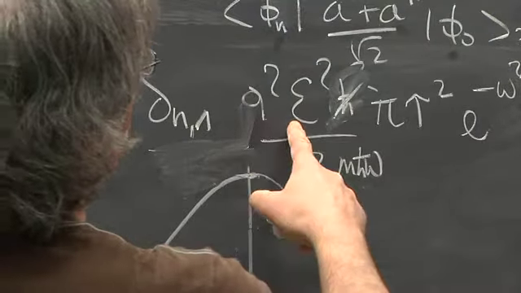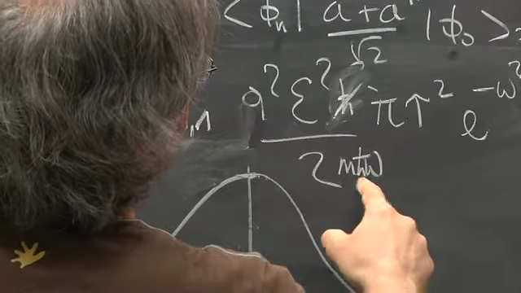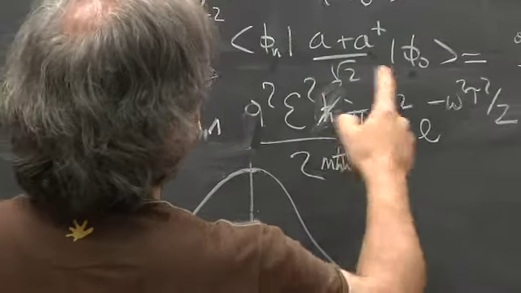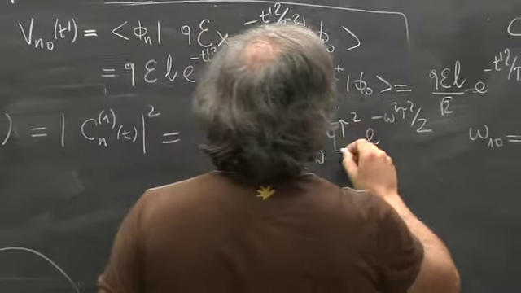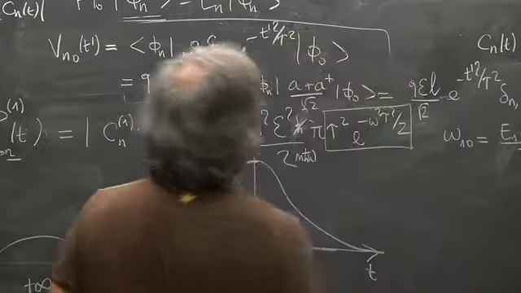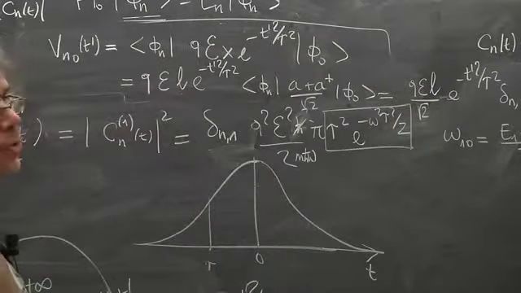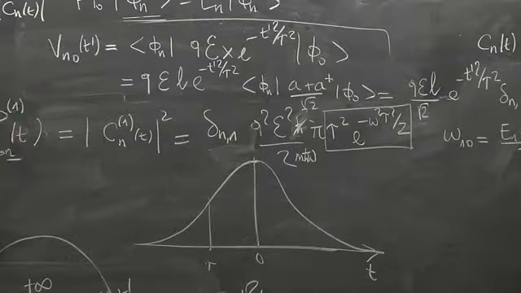Some electric field square, charge square, m, the energy of the oscillator, some pi's and 2's, and then the crucial object that is this tau square e to the minus omega square tau square over 2. So this probability is very, very small in 2 limits.